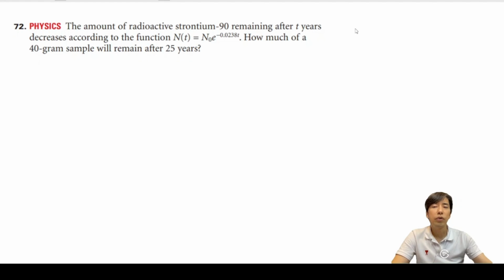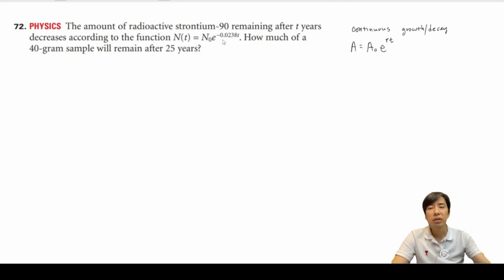Remember, for continuous growth or decay, we were given this formula. The final amount A would be A0, the initial amount, times e to the power of rt. r is the growth rate or decay rate, okay?